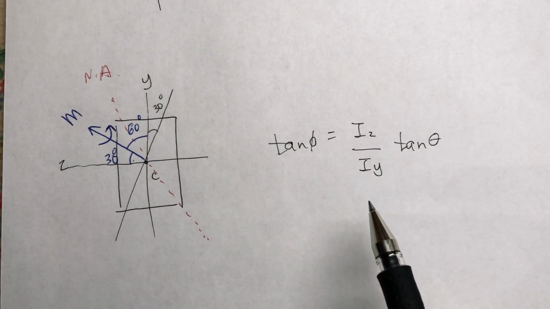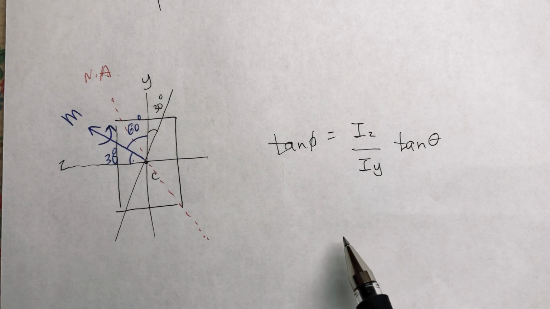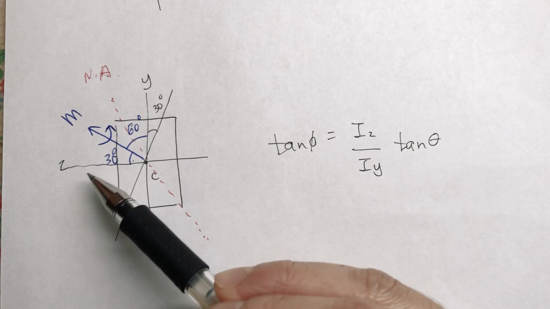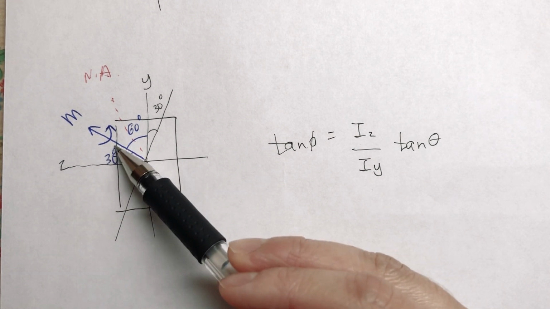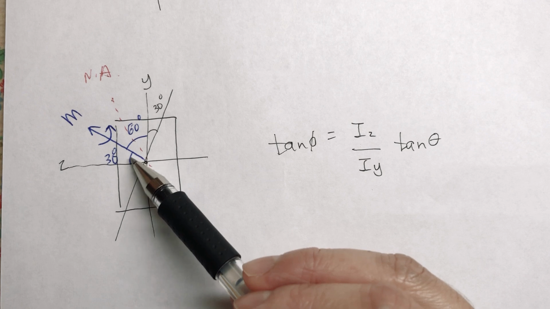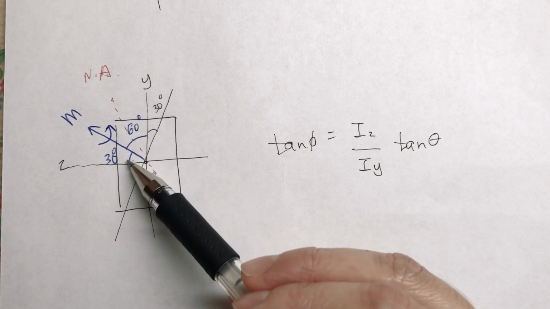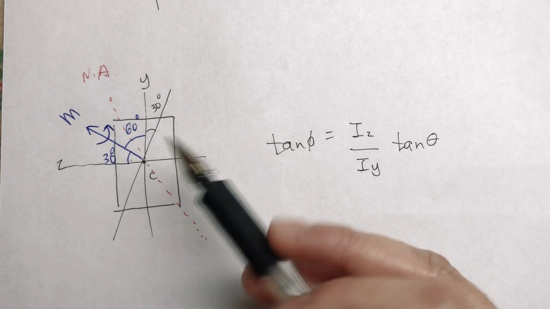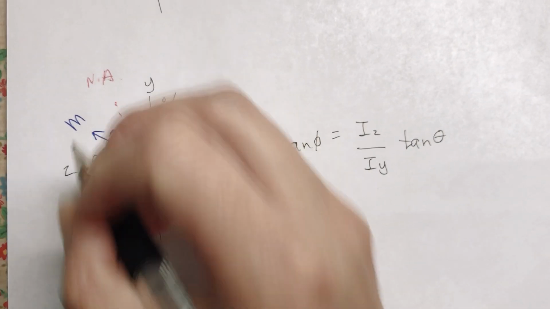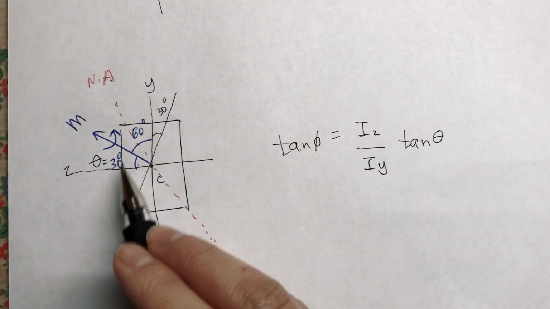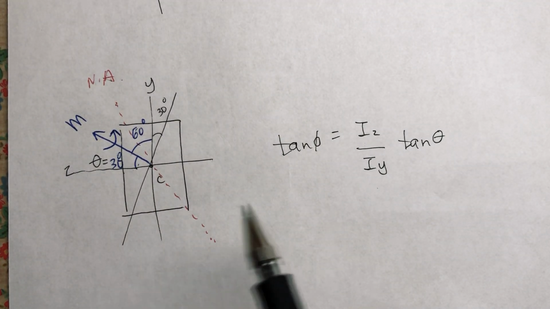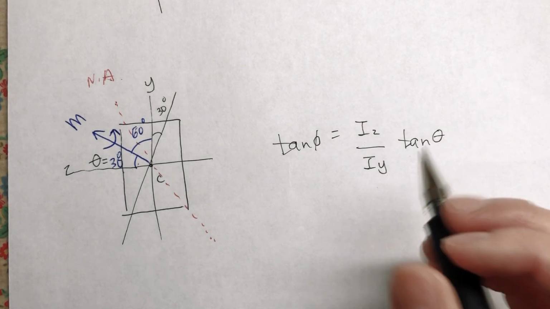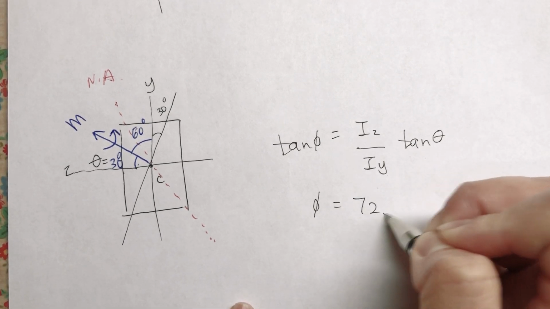Iz is 5.359 and Iy is 0.9844. And theta is the angle from the horizontal axis to the moment vector. We already said how to get to this 30 degrees right here. So Iz over Iy tan 30 degrees is going to give you 72.4 degrees.